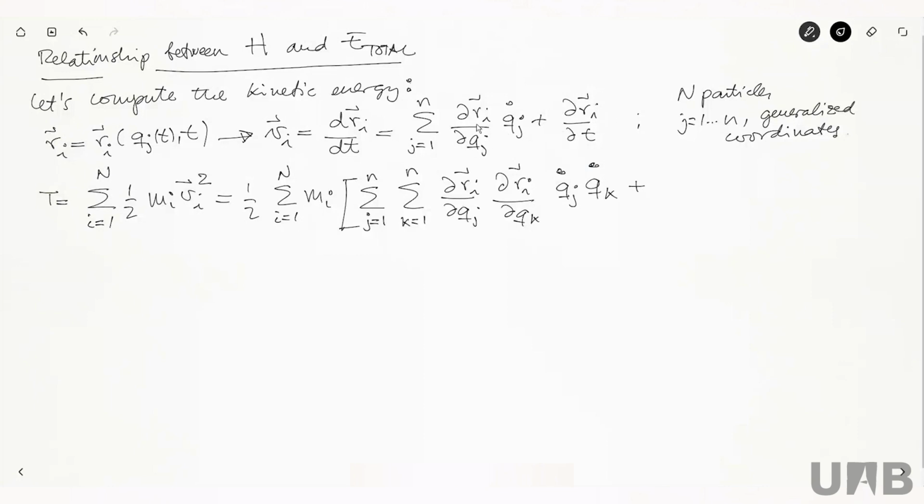This squared plus twice this times that plus the square of that. So that's plus twice the sum from j equals 1 up to n of the derivative of r_i with respect to q_j times q dot j times the derivative of r_i with respect to t. And finally, plus the derivative of r_i with respect to t, squared.